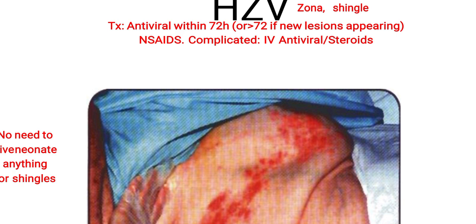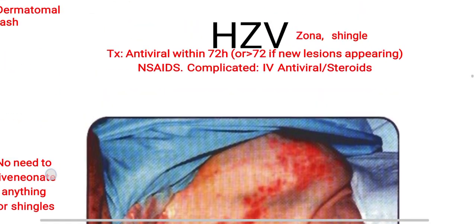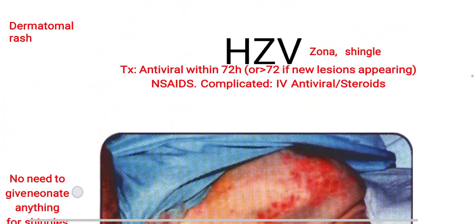But if the patient presents after 72 hours with the same lesions and is having some complications, then we have to give IV antiviral and IV steroids as well. So this is the picture of herpes zoster virus.